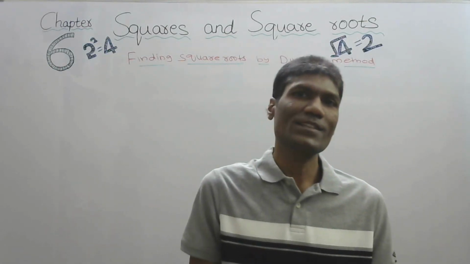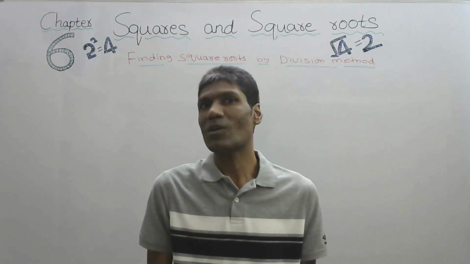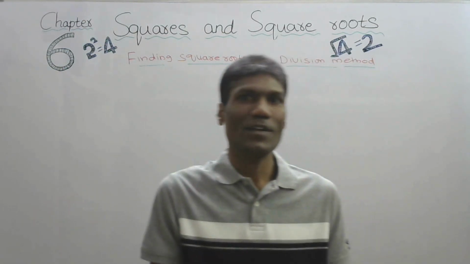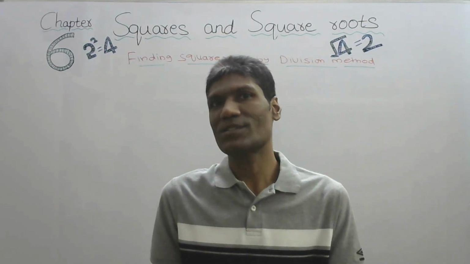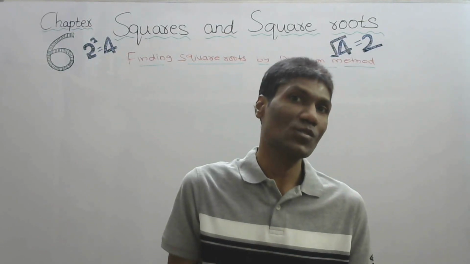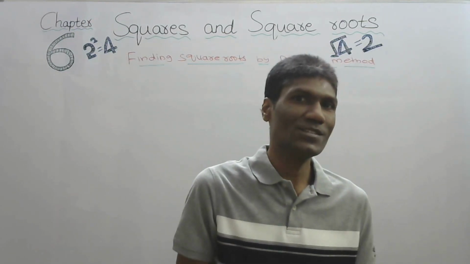We are finding the square roots. Have you ever thought of the number of digits in a square root? If there are certain numbers of digits in a square, then how many digits will be there in the square root? Is there any relationship? Yes. Let us see once.